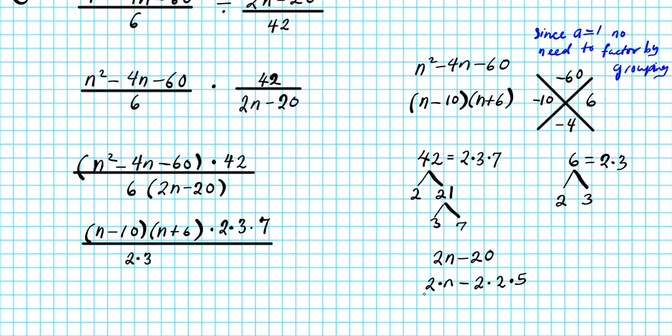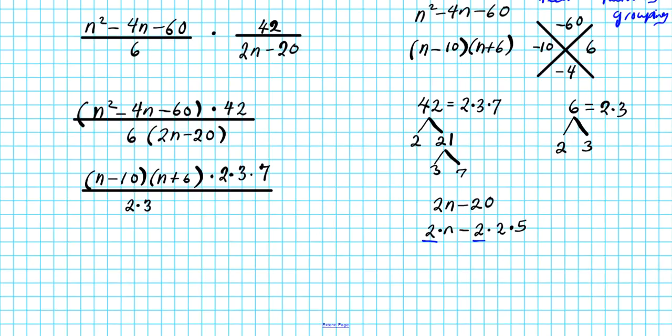Now you can see that 2 and 2 are common, so we can factor that out. 2 times n minus 10. So in place of the quantity 2n minus 20, we're going to insert 2 times n minus 10. Now let's go ahead and see if there are common factors we can reduce in the numerator and the denominator.